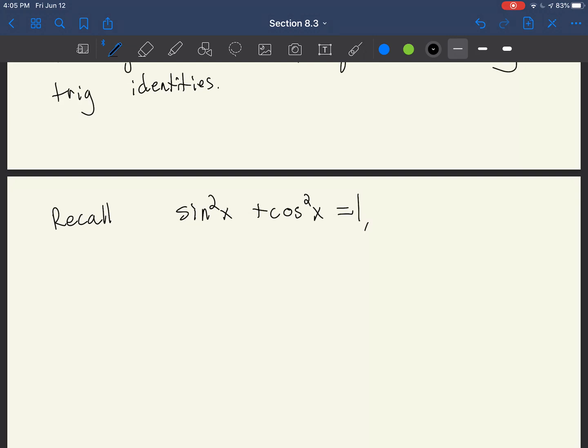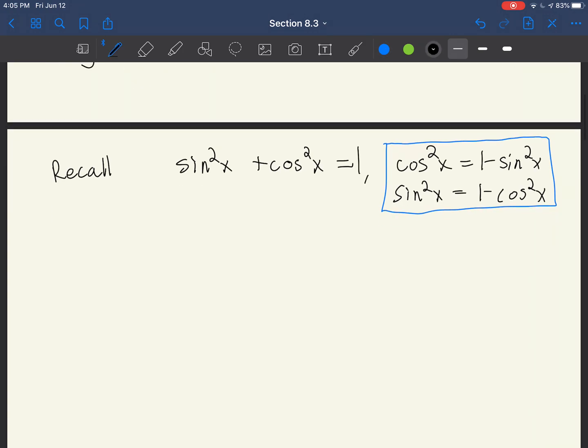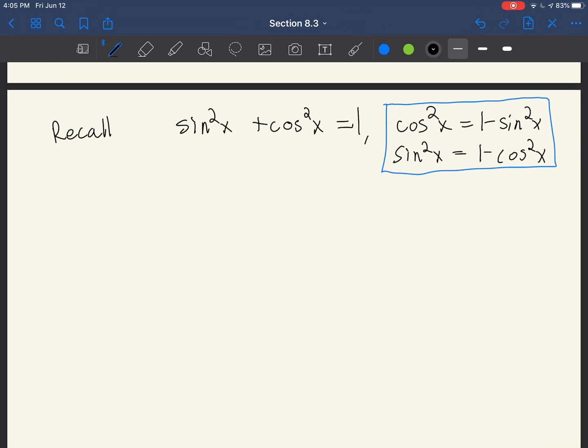So if you were to solve these for sine or cosine, you get cosine squared x equals 1 minus sine squared x, and sine squared x equals 1 minus cosine squared x. Boxing it in blue means you should know this, but I wrote it in black text because you should already have known this. So these will be the identities that we're going to use for the first type of integrals. So let's see how we can use them.